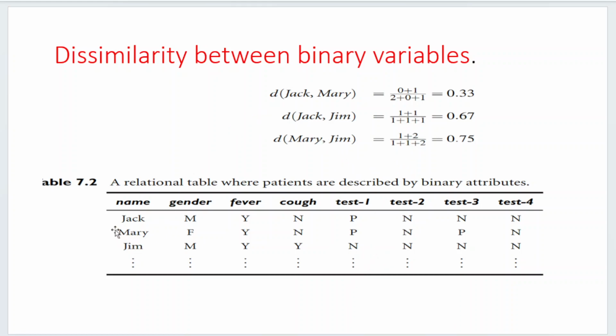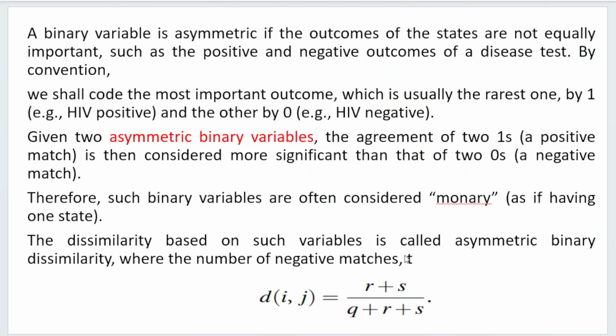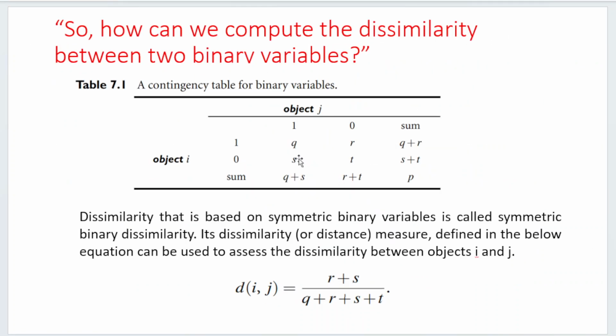Then if you want to know the dissimilarity between the binary variables, that means between Jack and Mary, between Jack and Jim, or between Mary and Jim, we calculate based upon the equation (r + s) / (q + r + s). Whenever you replace the values with ones and zeros, you get d(Jack, Mary) = (r + s) / (q + r + s). Where is my r value here?